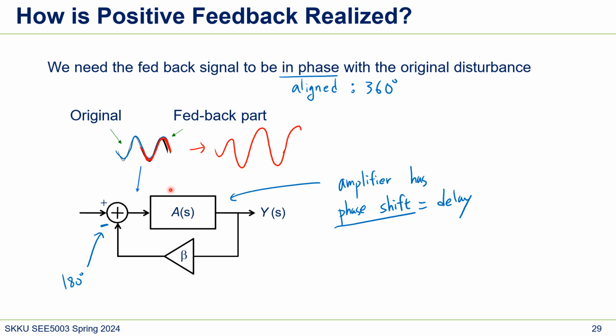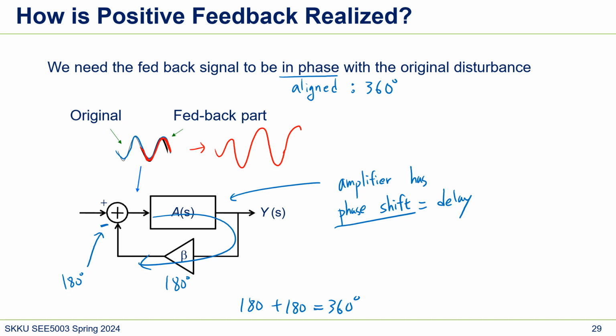That's why if this loop delay becomes 180, and then we also have the minus sign, so 180 degrees again. So 180 plus 180 would be 360, and that's when the positive feedback can happen.